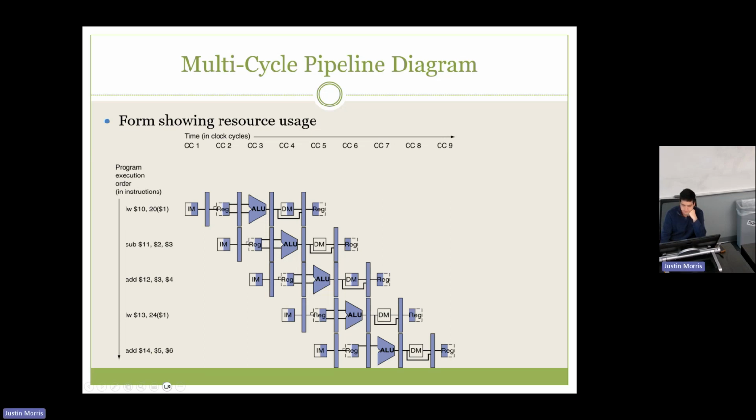Because if we skipped the memory stage and went straight to write back, then we're conflicting with the previous. So that's why, even though we don't do anything in memory, we still occupy the memory stage. It doesn't help us with performance if we skip the memory stage, and it only complicates resource sharing.